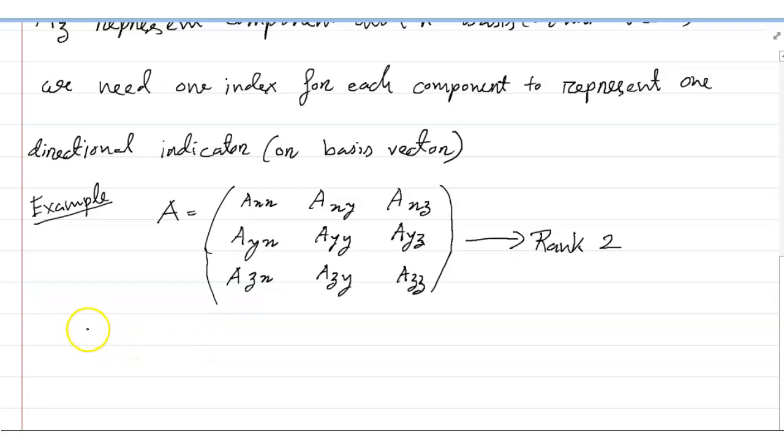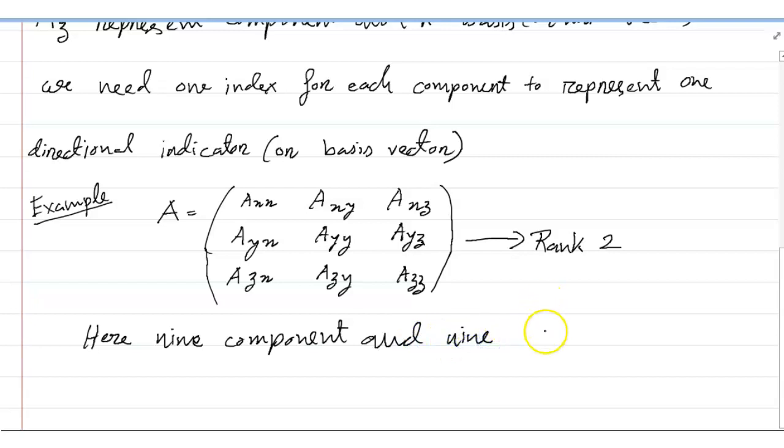So friends, here you can see 9 components and 9 sets of 2 basis vectors.